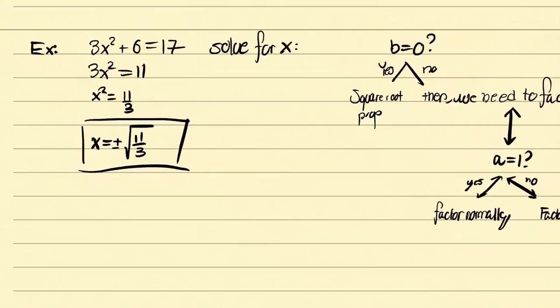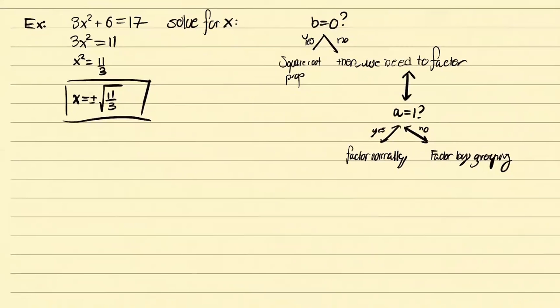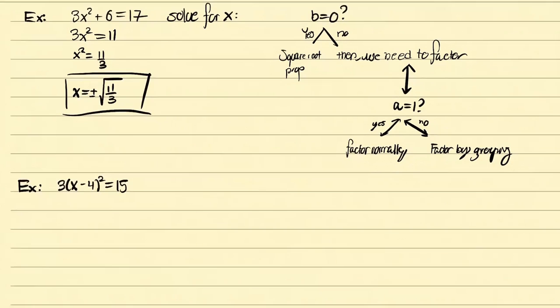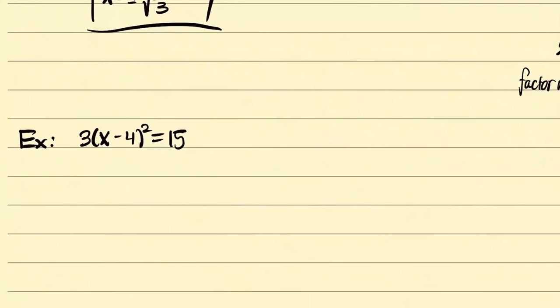So let's change it up a little bit. What if I have something like this? Anybody want to suggest, just as a naive guess, if I gave you this equation and I didn't tell you this technique we're about to do, how would you try and solve this?